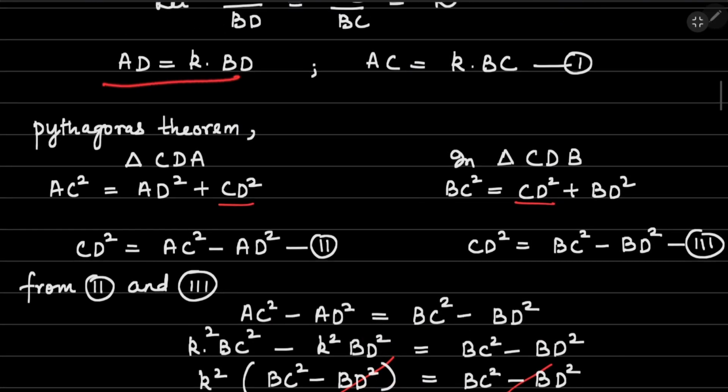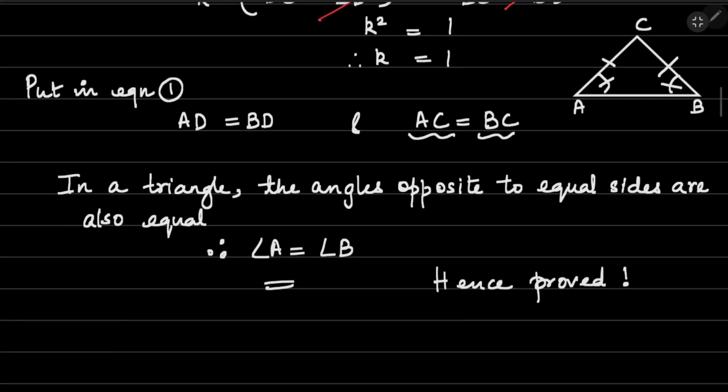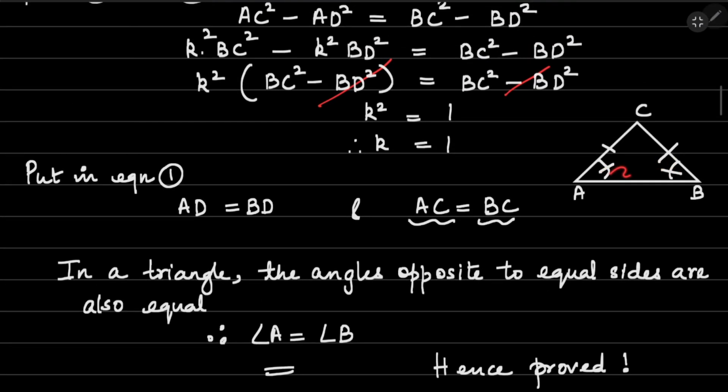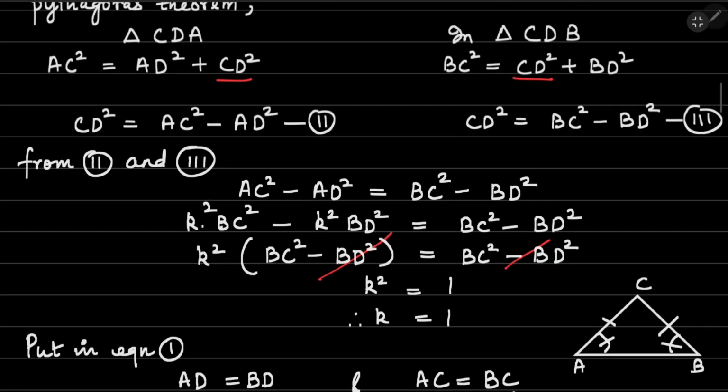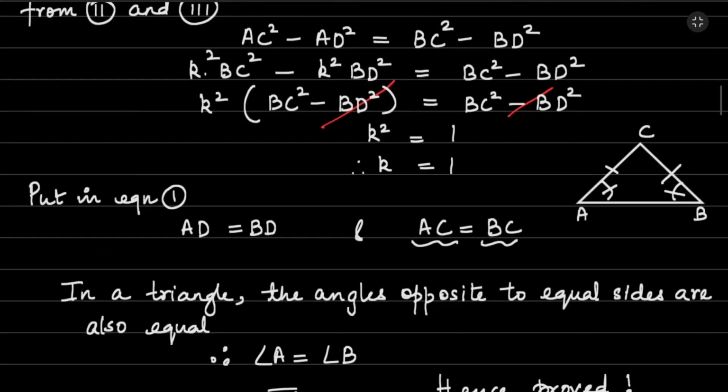So you will get AD equal to BD, and most importantly, AC is equal to BC. So in a triangle ABC, if AC is equal to BC, if any two sides are equal, then the angles opposite to the equal sides are also equal. Therefore, we have been able to prove that angle A is equal to angle B, hence proved. So this is how you have to write and solve. This is an important question. Okay. Let's move on to the next question.